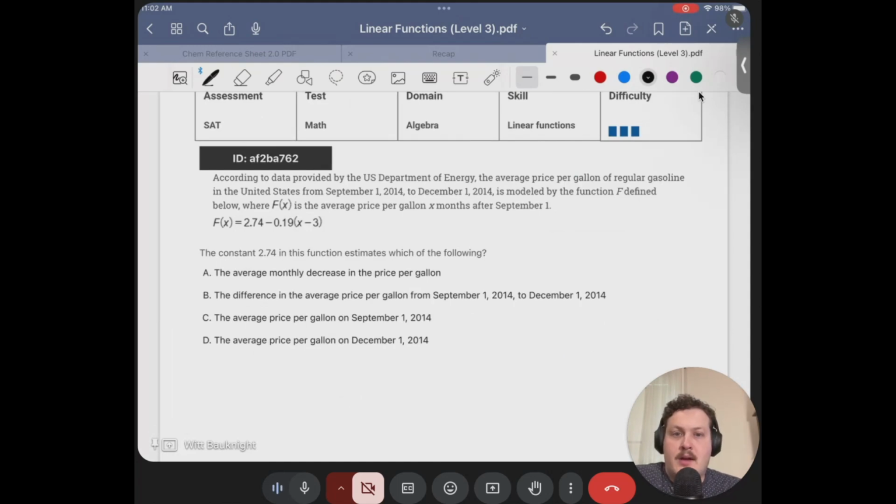Next, data: the average price per gallon of regular gasoline in the United States could be modeled with a function where f of x is the average price after x months. The constant 2.75 in this function estimates which of the following?